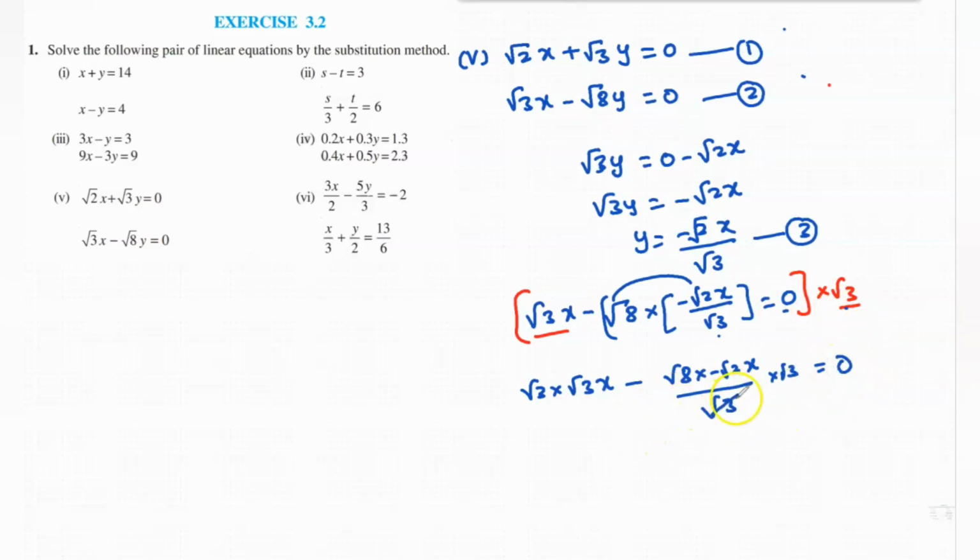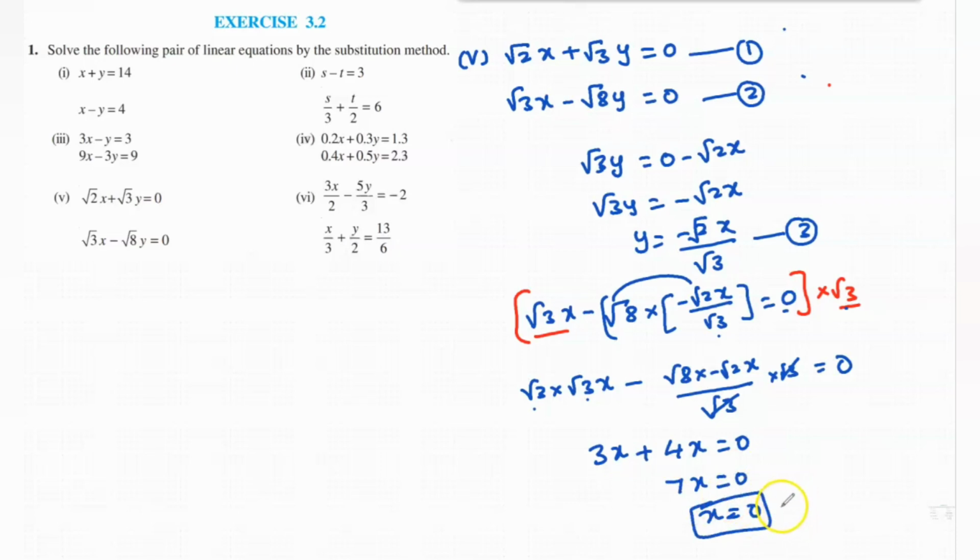So now let us cancel root 3 here, and we have root 3 into root 3x is just 3x, and minus root 8 into minus root 2x. So minus into minus is plus, root 8 into root 2 is root 16, which is 4x, equal to 0. So that means 7x equal to 0, where x equal to 0 by 7, which is 0. So x equal to 0.